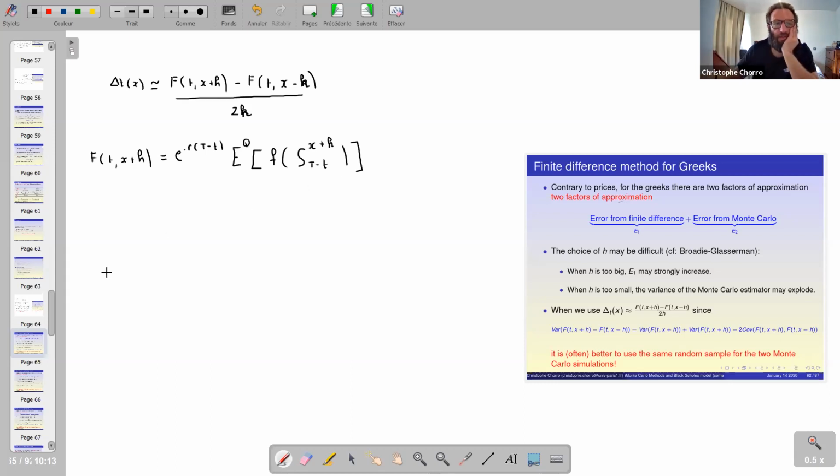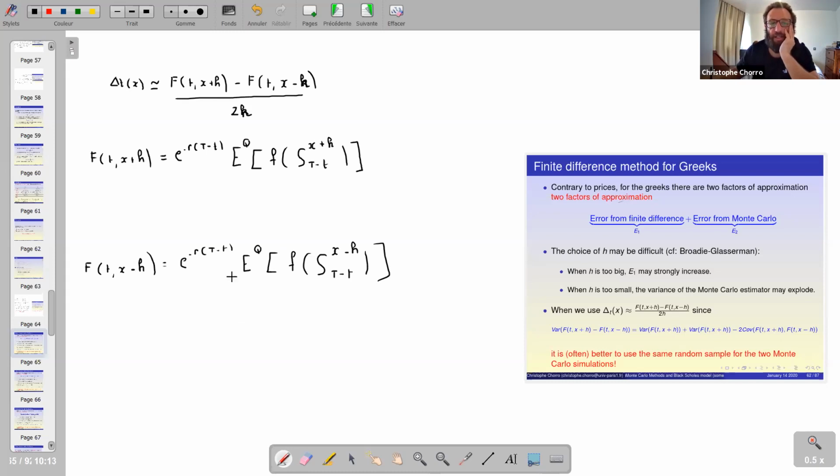And in the same way, F_t of x minus h is equal to the actualization factor, expectation under Q, of f of S_{T-t} at x minus h. The minus that you have here.